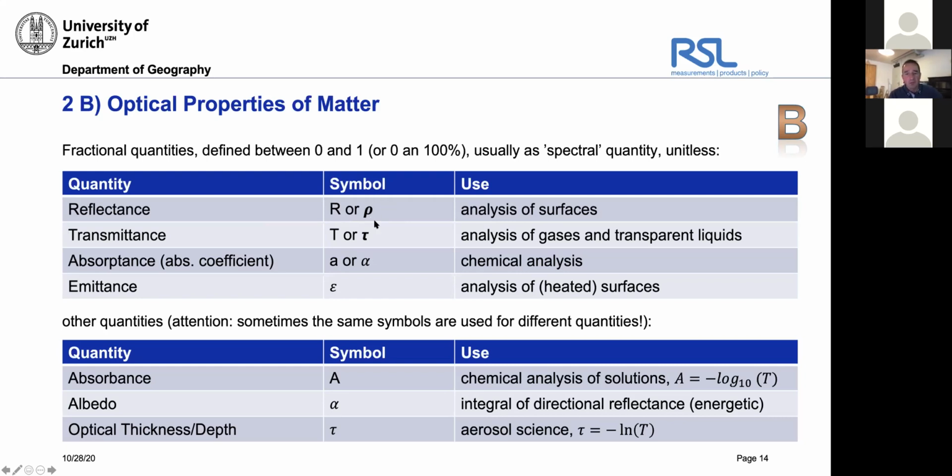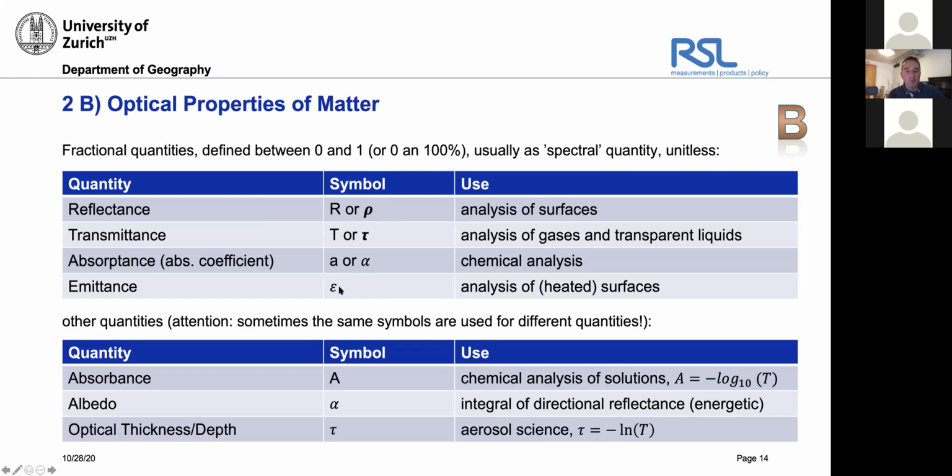I'll come back to this later. And for the transmittance, a big T is often used, or a little tau, for how much radiance is going through something. Absorbance, a little a or alpha, and emittance is how much is emitted, which portion.